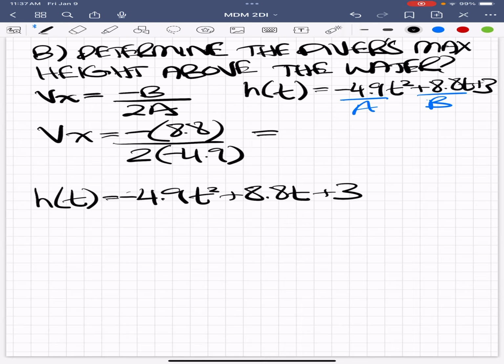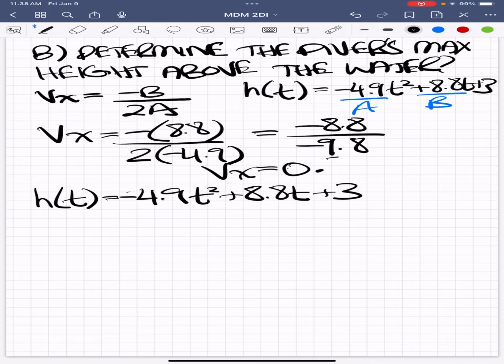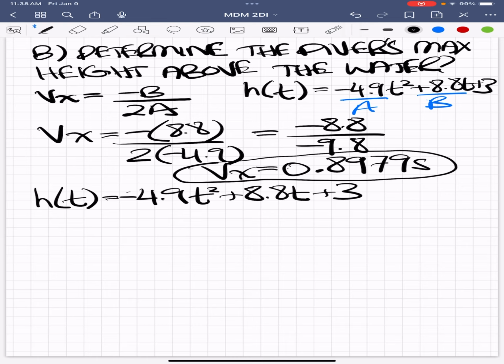It's negative 8.8 over negative 9.8 equals, so the Vx would be 0.8979 seconds. So that's the x-coordinate of the vertex.